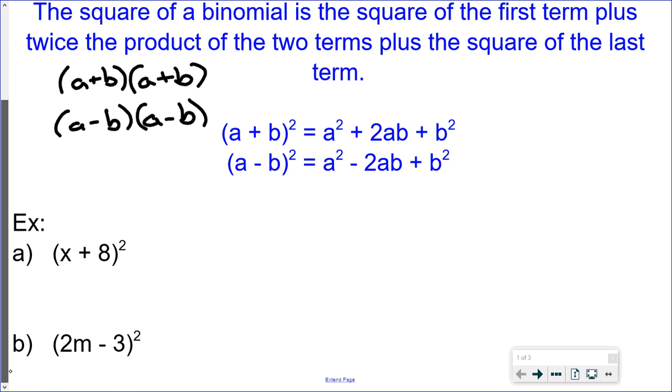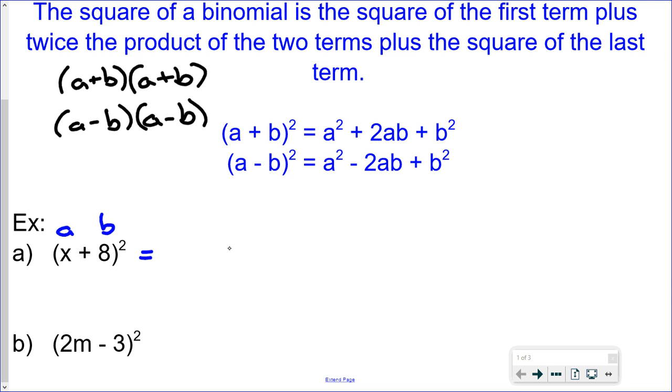In this first example, this is your a and this is your b. So you have x plus 8 times x plus 8. Again, I could do FOIL, I could use the distributive property, I could use a table. All those things still work, but this is just a shortcut if you know this trick for this special case. This only works for a binomial that's being multiplied times itself.